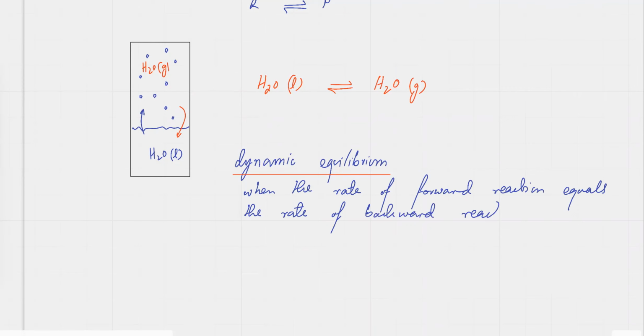So here what we say is that it is a dynamic equilibrium. In terms of speed, the reaction is moving forward and the reaction is moving backward. The amount of water vapors forming every second and the amount of water vapors condensing back every second. If the speed of both is constant, I'm just sending you the board link.